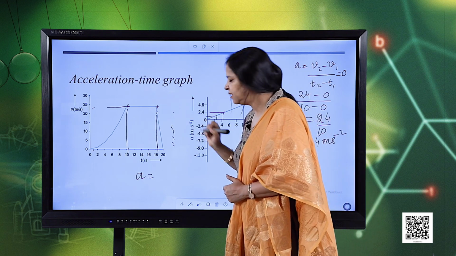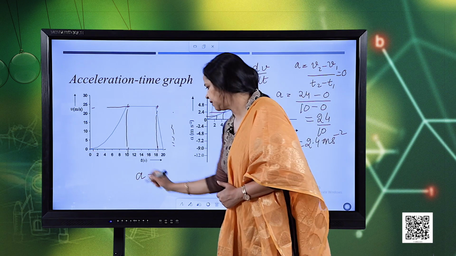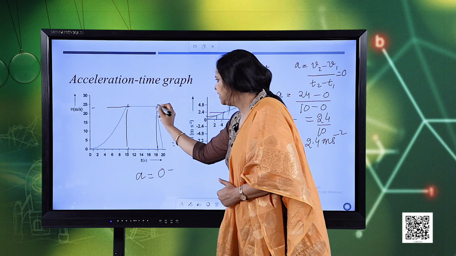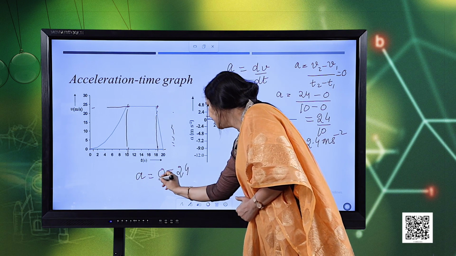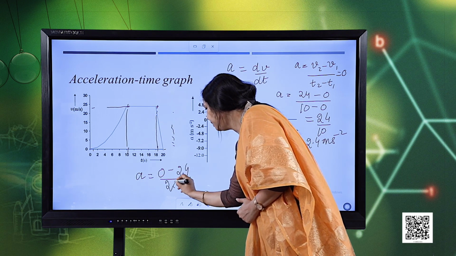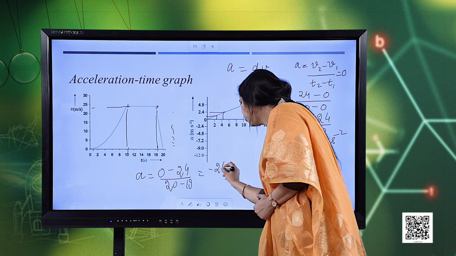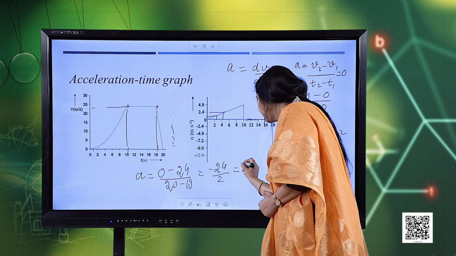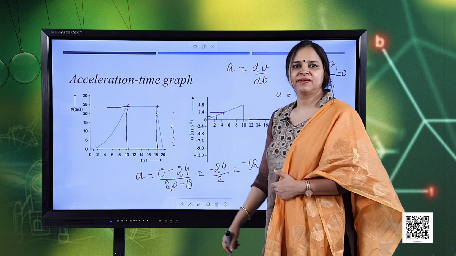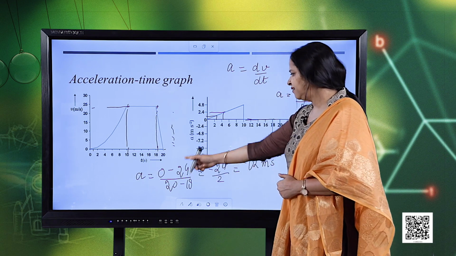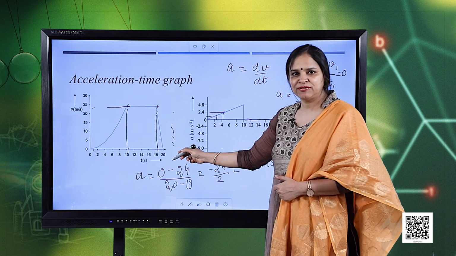The final velocity is 0 meter per second, minus initial velocity 24 meter per second, and the time is 20 minus 18. So, we get minus 24 divided by 2, which is equal to minus 12 meter per second square. So, here the acceleration is negative. This is an example of negative acceleration as well.